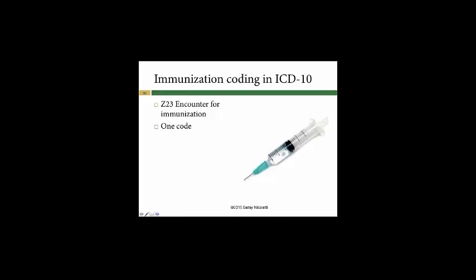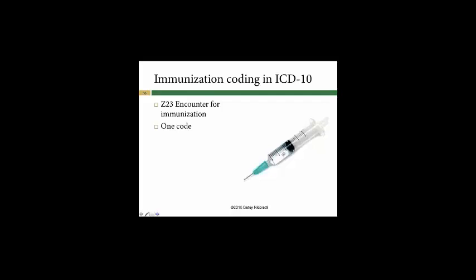And there's a note, so if I turn to that page in the book, to Z23, it has a little note that reminds me, code first any routine childhood examination. So that means first we're going to put down the well visit or the well woman's visit, and then procedure codes are required to identify the types of immunizations given.